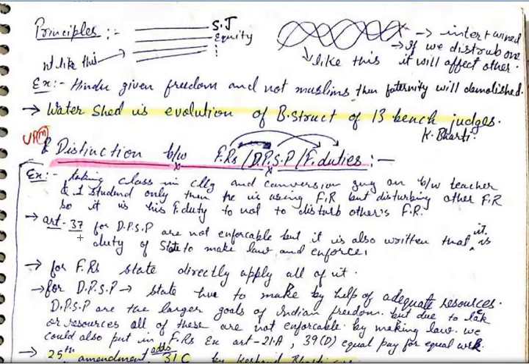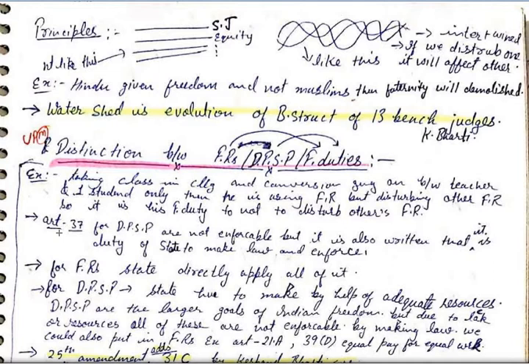The answer is no, because Article 37 clearly says that DPSP are not enforceable, but at the same time it says that they are fundamental in the governance and the state shall ensure that in lawmaking it shall implement the DPSP. Now who is telling the state to do this? The same Article 37 of the Constitution. The same article that says it is not enforceable also says that they are fundamental in the governance and the state shall ensure that the DPSPs are implemented through laws.